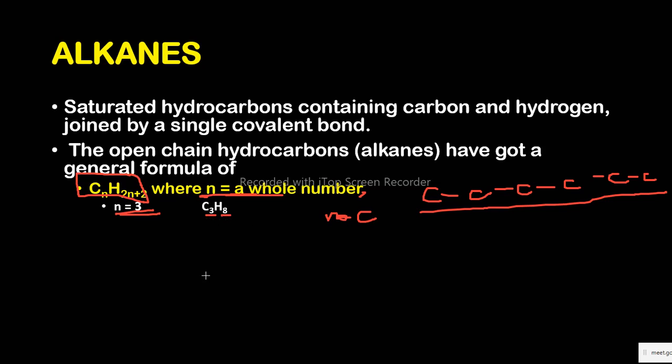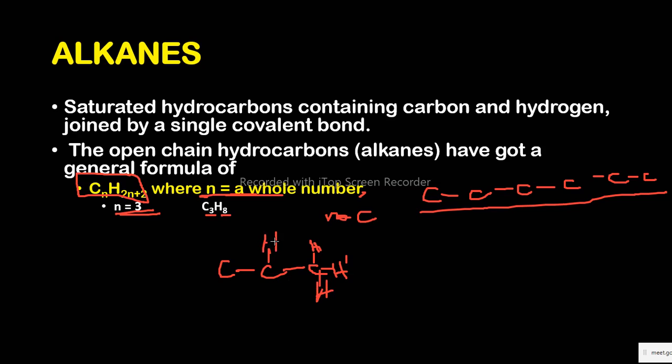C3H8. And if you have to draw its structure, you write your C3. Those are the 3 carbon atoms, and then you fill with hydrogens. So this one will take 3 hydrogens, the same applies to this, and then this one will take 2.